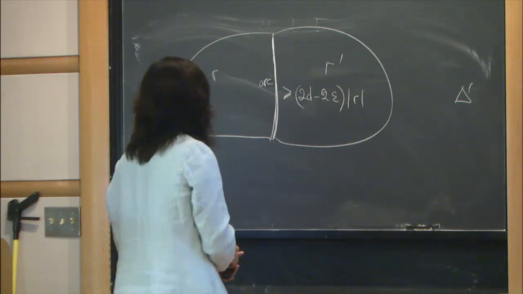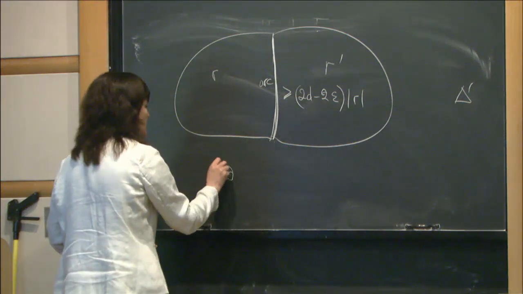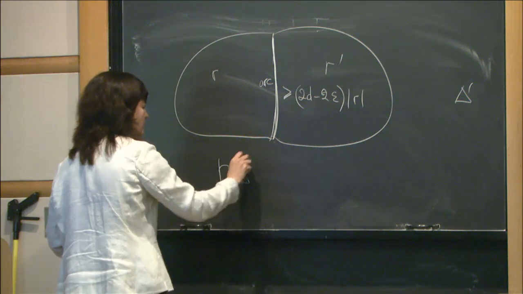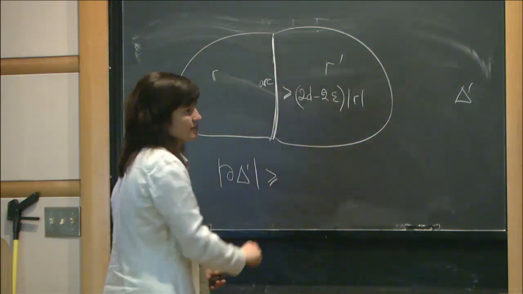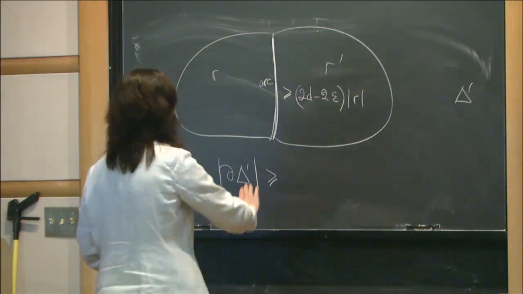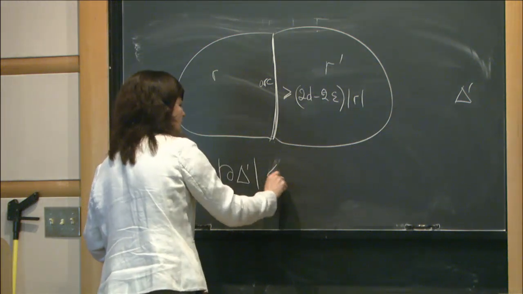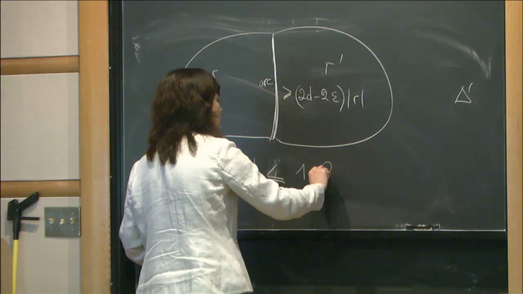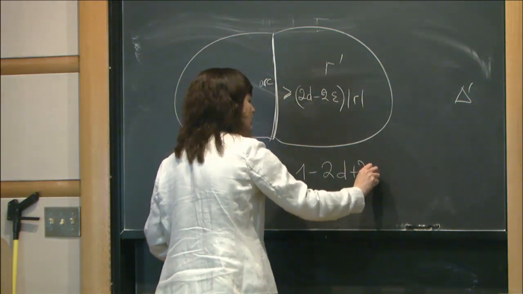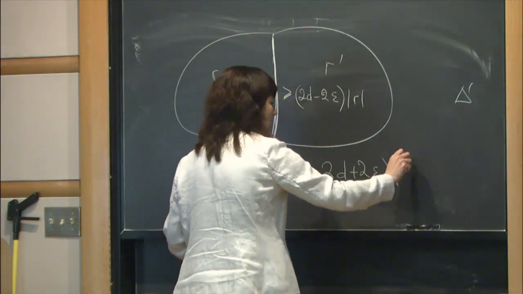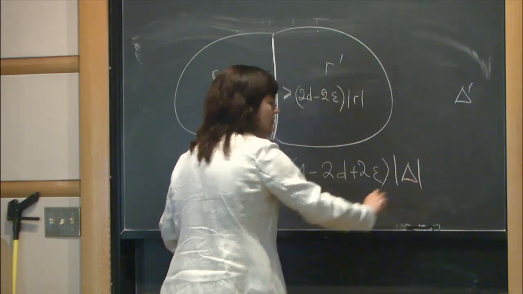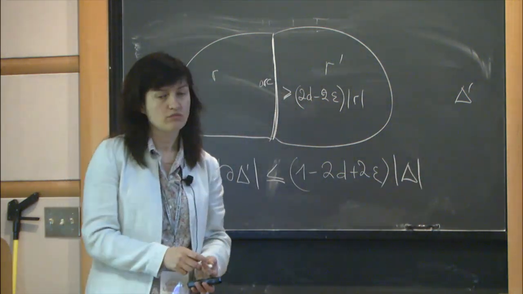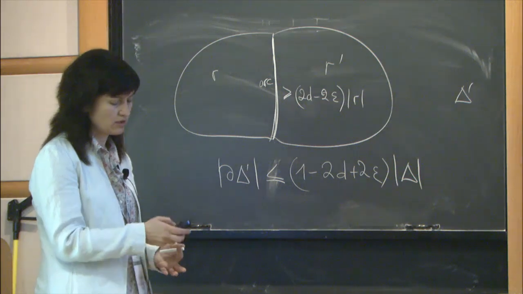And so what does it mean? It means that for this diagram, I have smaller or equal, 1 minus 2d plus 2 epsilon times the size, right? The size here is 2. This is where it's true.